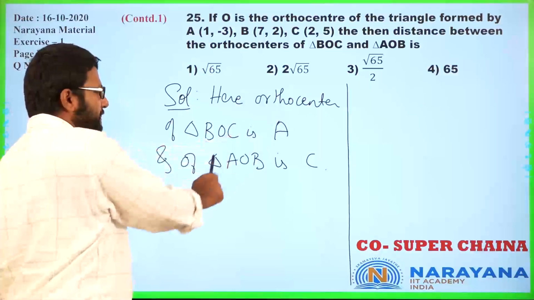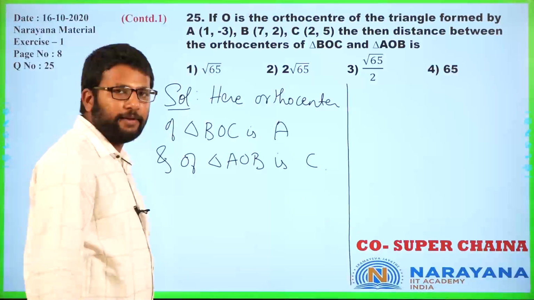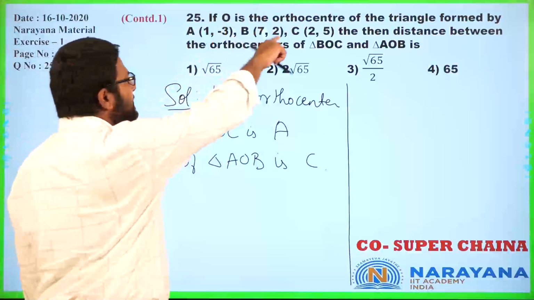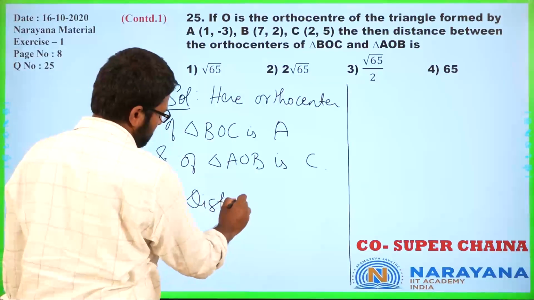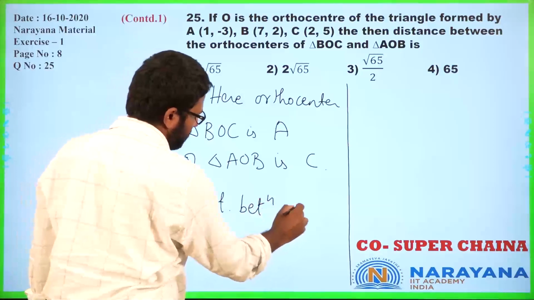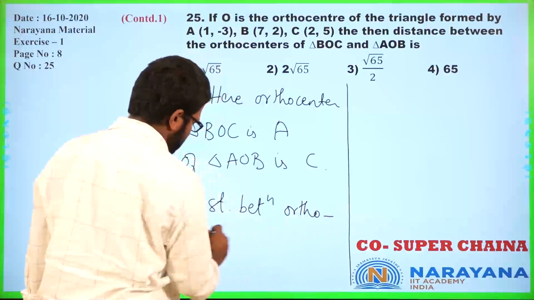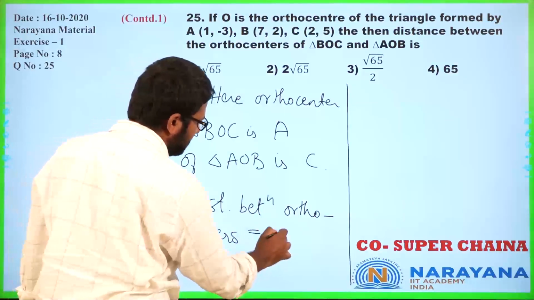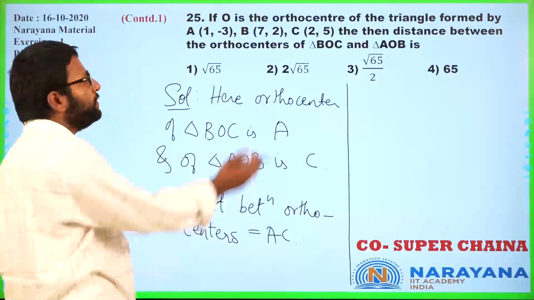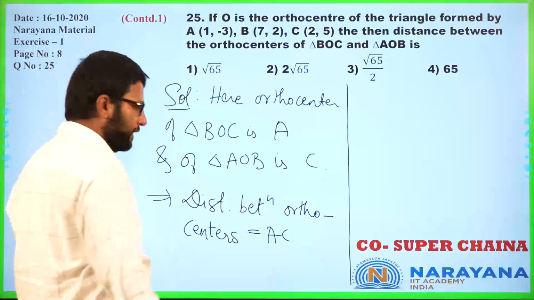For BOC, third vertex is A. For AOB, third vertex is C. Right? So question is asking the distance between the orthocenters, which is basically the length AC. Now you just need to figure out what is AC, right?